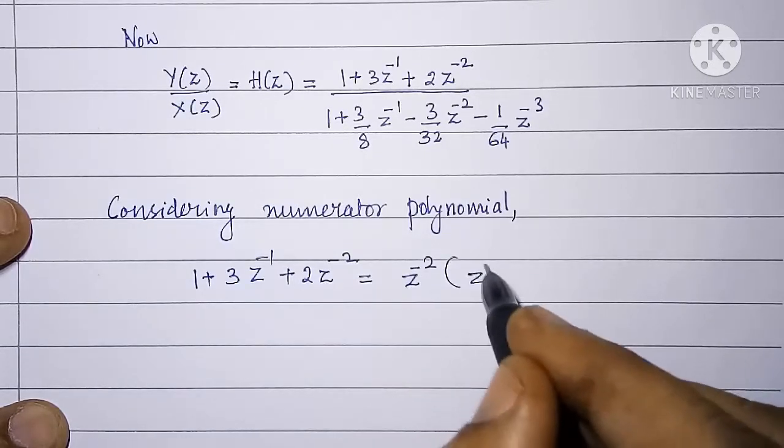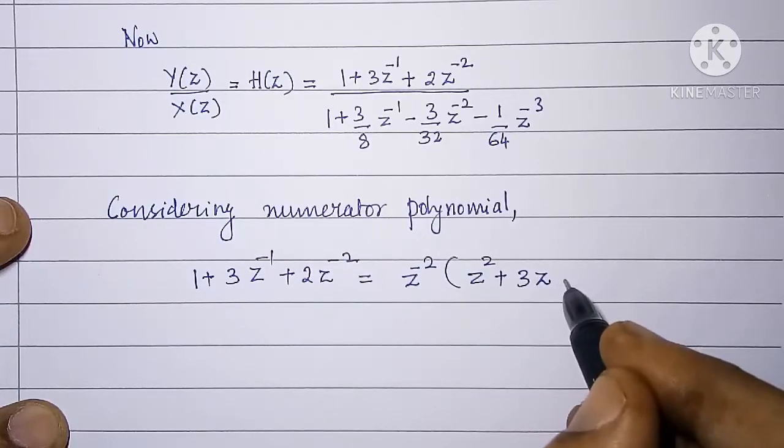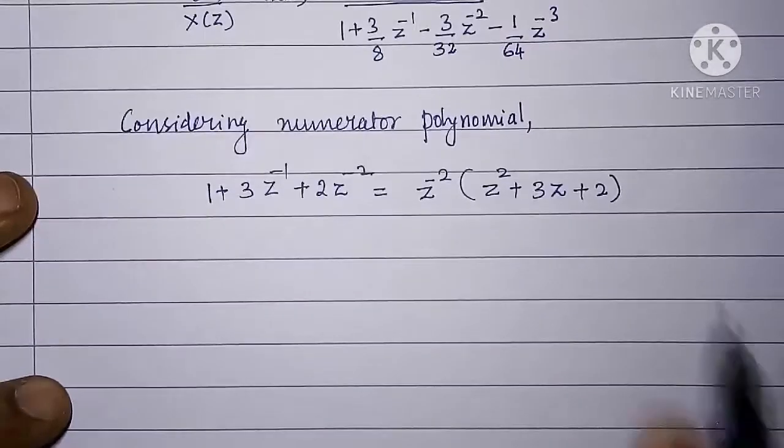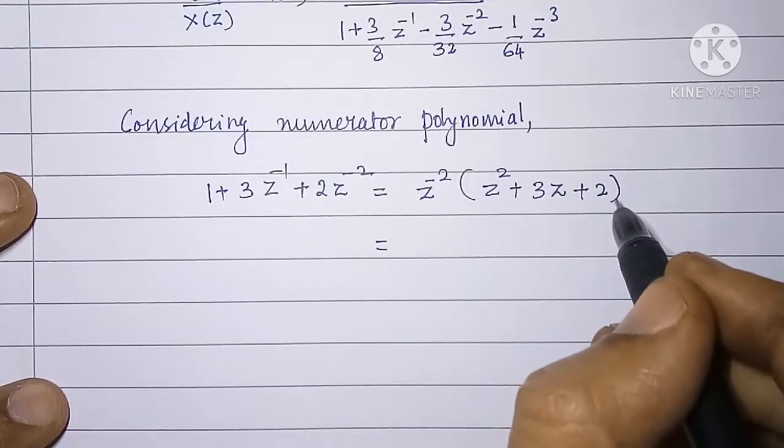So I can write now z square plus 3z plus 2. This bracket is quadratic polynomial in z.